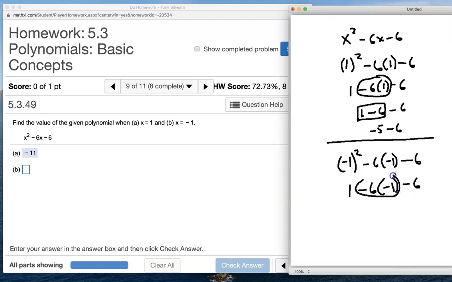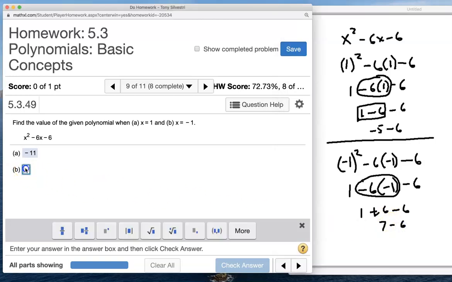Multiplications next. Negative 6 times negative 1 is 6. So 1 plus 6 minus 6. Then you do your operations from left to right. 1 plus 6 is 7. Minus 6 is going to give you the value of 1. So that's how we evaluate expressions.